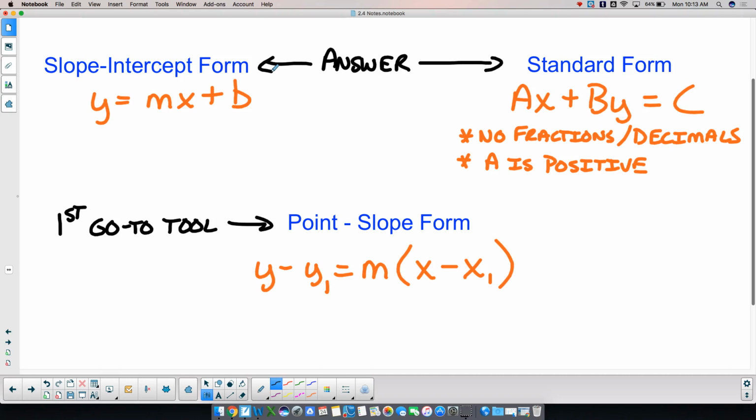There's work that has to go into the building process. You don't start by being done, and that's how you finish. So you're going to start down here in the point-slope form, and you're going to finish up in slope-intercept or standard form.